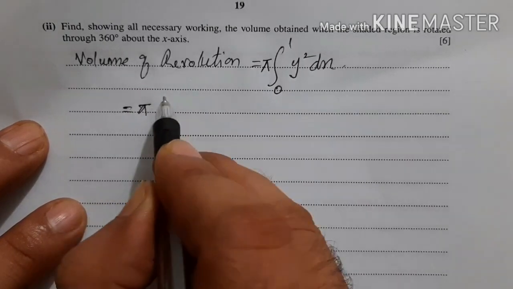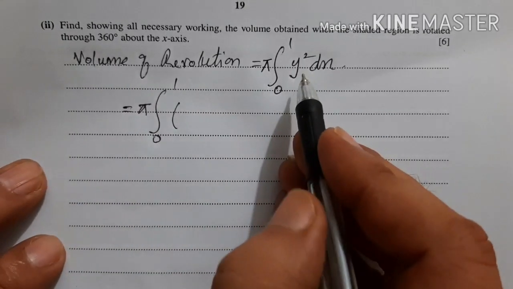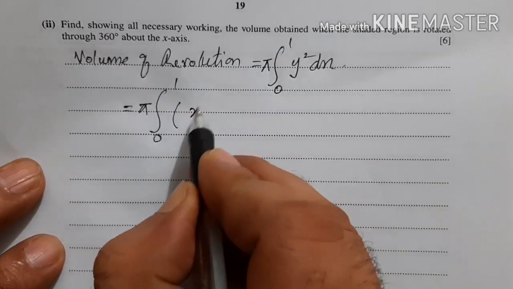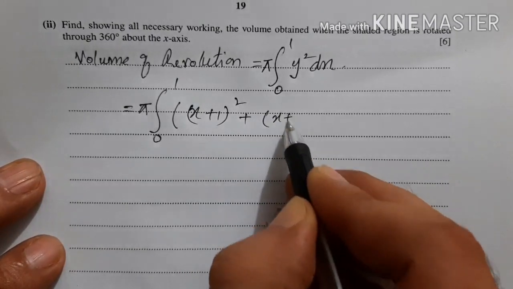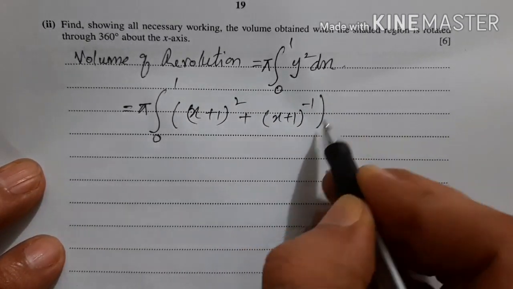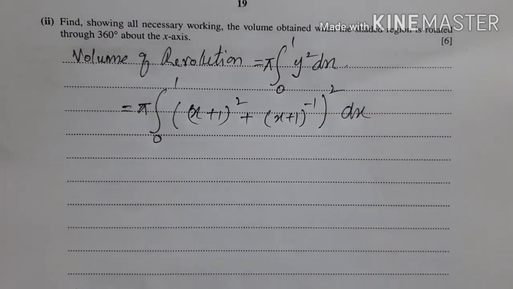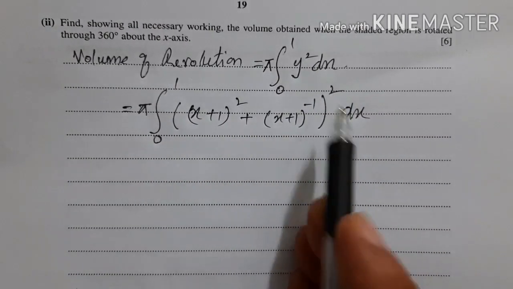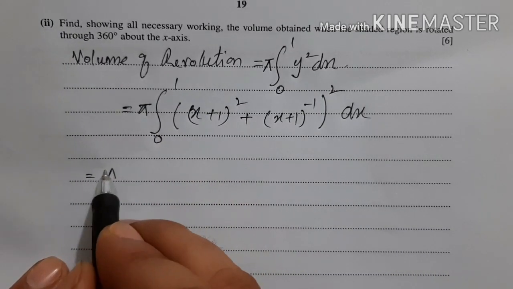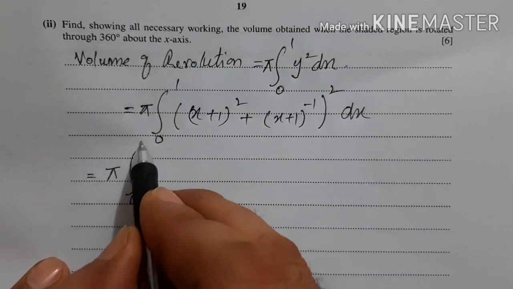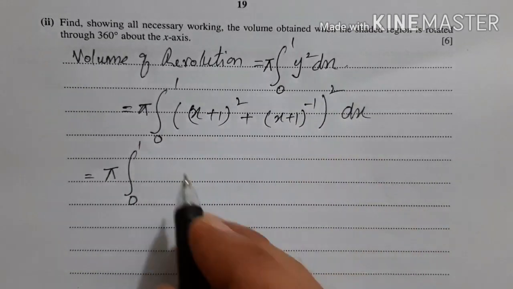So, pi integral 0 to 1. What is our value of the curve? This is (x plus 1) square plus (x plus 1) raised to power minus 1, whole square, dx, because there is y square. This is the value of y, so I'm taking y square. I'm going to open this square by the (a plus b) whole square formula.